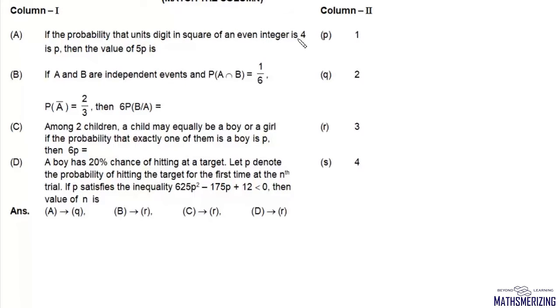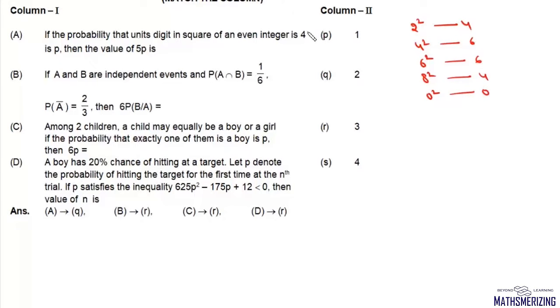If the probability that the units digit in the square of an even integer is 4 is p, then the value of 5p is. So once we have an even integer, it could be either 2 squared, 4 squared, 6 squared, 8 squared or 0 squared. Now here it will be 4, 6, 6, 4 and 0.